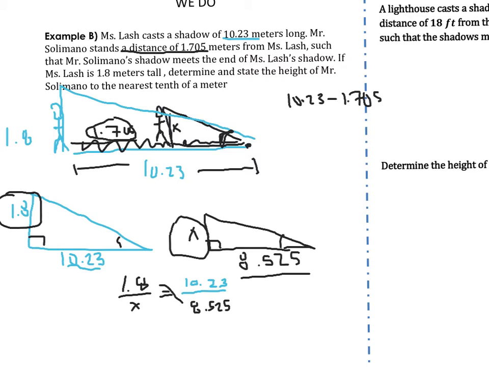And now we just got to cross multiply. So we get 10.23x equals 8.525 times 1.8 is 15.345.